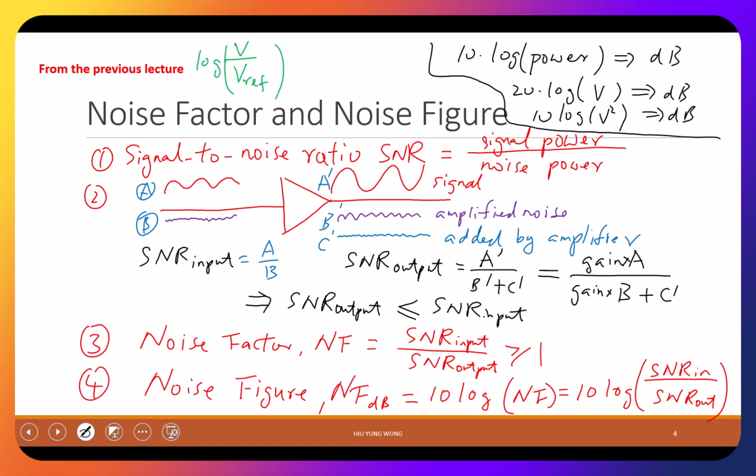If it's just voltage, we'll take 20, because this is equal to 10 log V squared divided by V ref squared. So dB is more about reference to a particular power, how much power you have. So if you reference to it and then take the log times 10, that is the dB. Now, what is the reference power? We actually reference it to 1 volt.